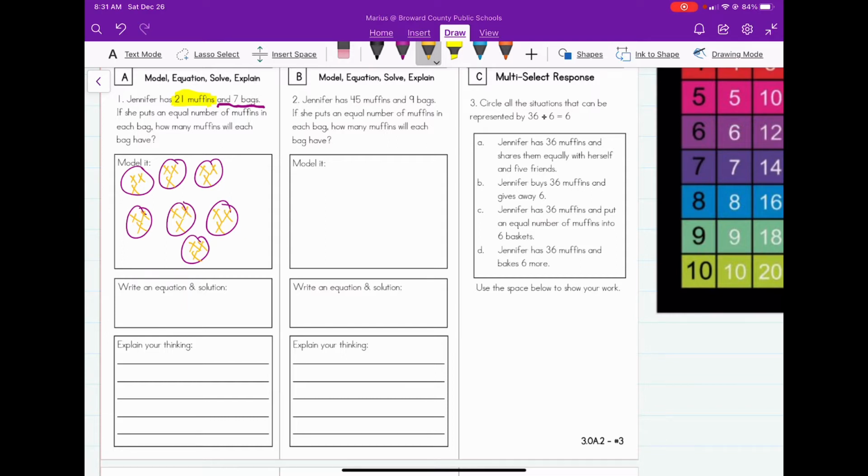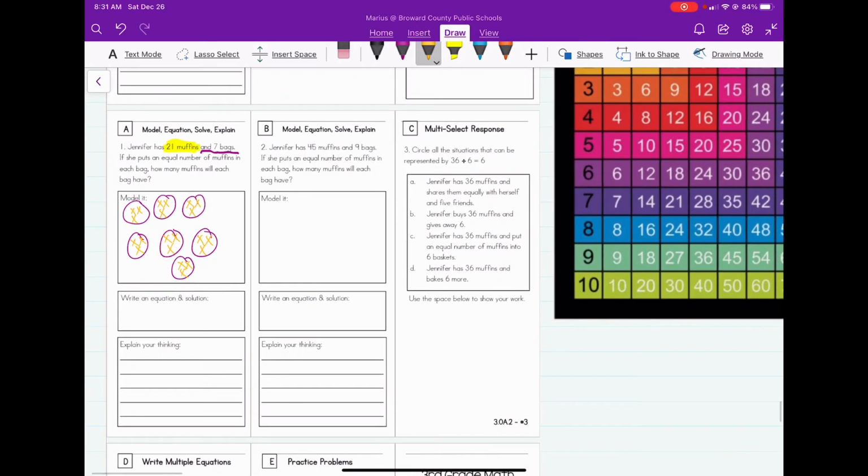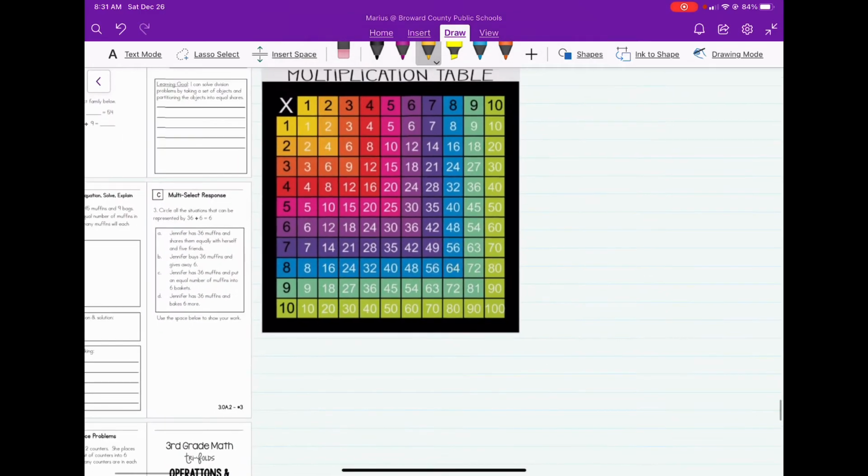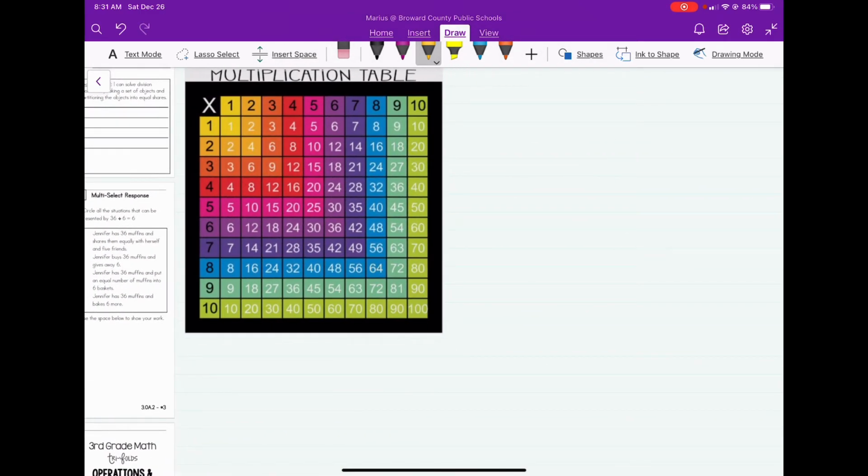there are 3 muffins. Another way we could have done this is with a multiplication chart. The total was 21, and 7 is the row that we want to look for. Rows go left to right.